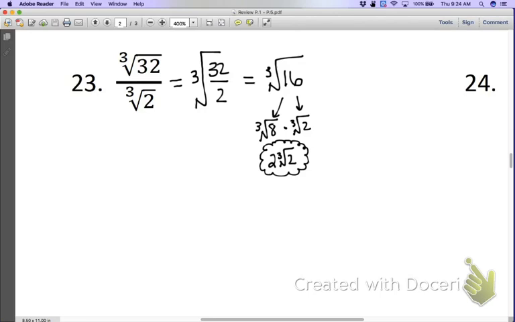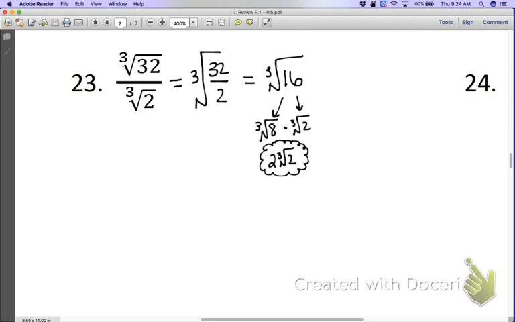Now, I will tell you, I had a student yesterday ask me, well, then they wanted to rationalize it. They just wanted to rationalize the denominator. That's completely fine. Just make sure that it's a perfect cube and not a square. I think they wanted to go like 2 and 2, and so that still made it the cube root of 4. Nothing's going to cancel, so they had to multiply it by another 2 again.